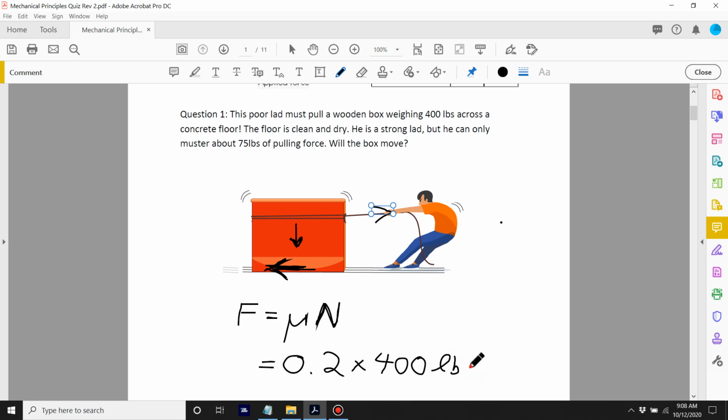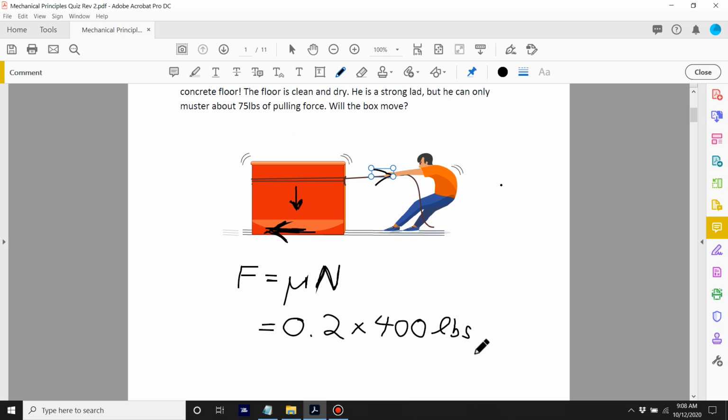Now, 0.2 multiplied by 400 pounds is equal to 80 pounds. So this box is fighting back, putting 80 pounds of frictional force against 75 pounds.